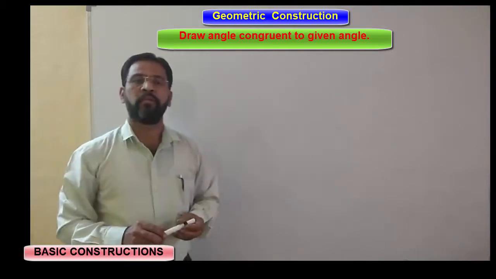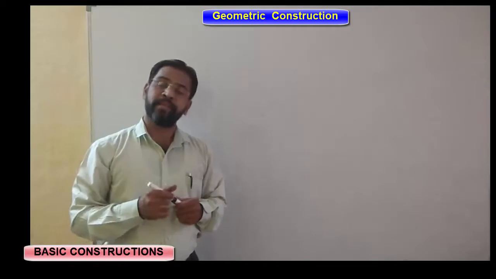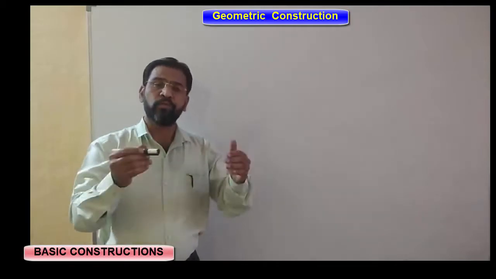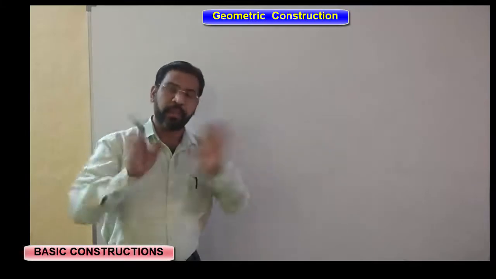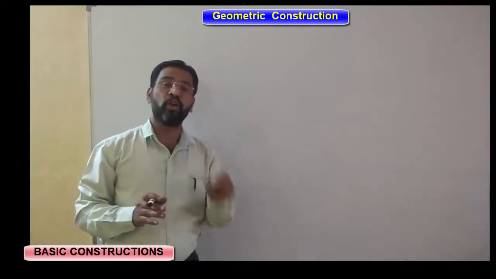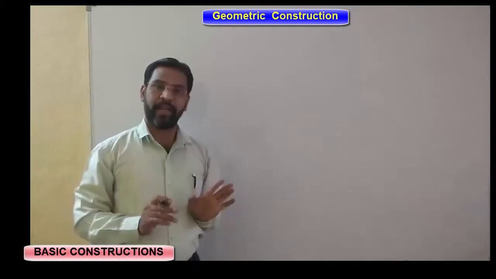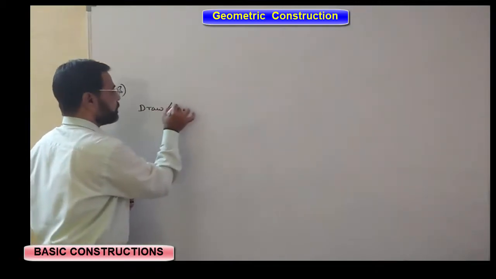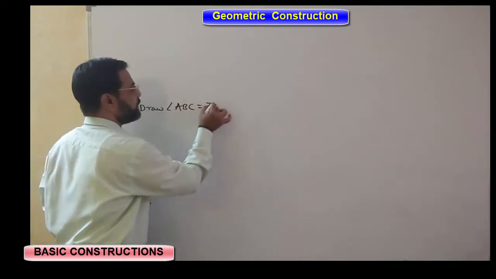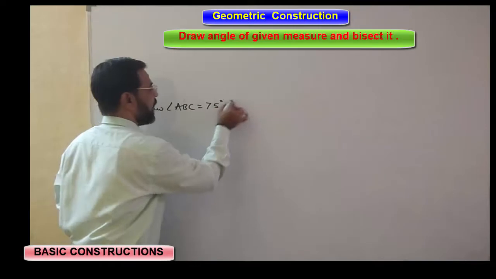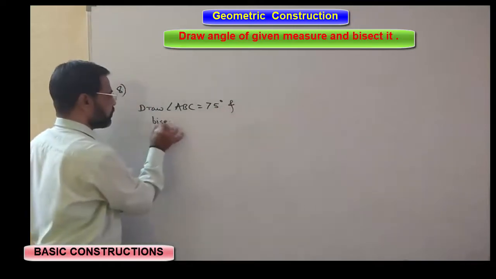Okay, friends? In the next example, previously we drew the bisector of a segment. Here also we are going to draw the bisector of the given angle. See the next example. Draw angle ABC of measure 75 degrees and bisect it.